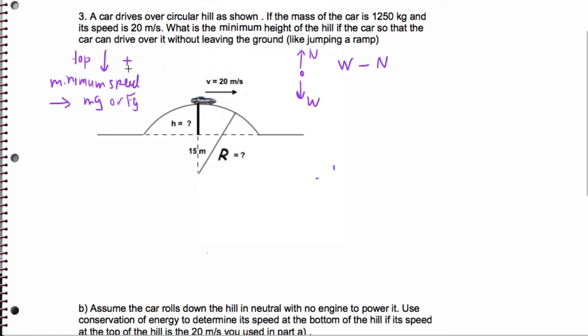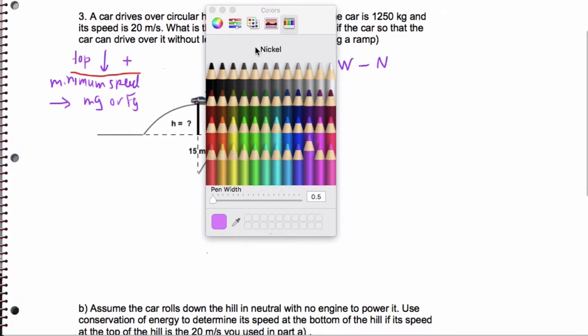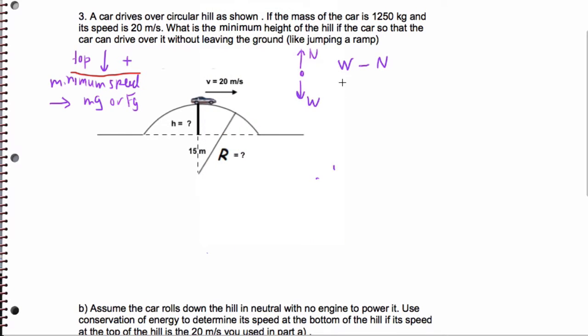The answer lies in this idea that at the top of a loop, downwards is the positive direction. So ask yourself, what direction is the normal force pointing? If you arrive at that answer that it's pointing up, that's why you actually have to subtract it. And so we have mg minus the normal force is mv squared divided by r.